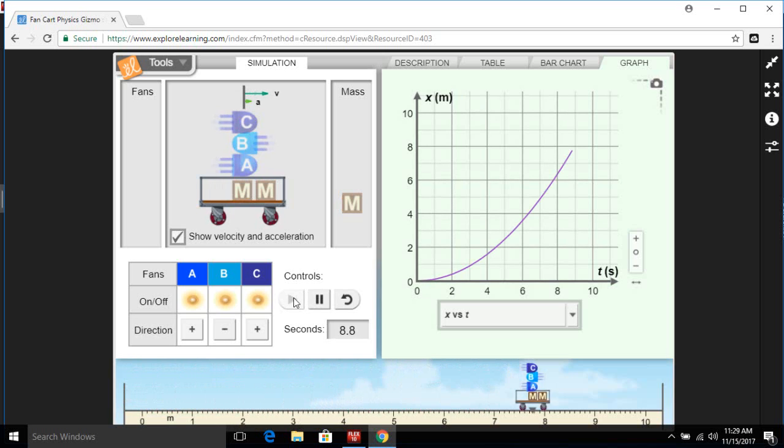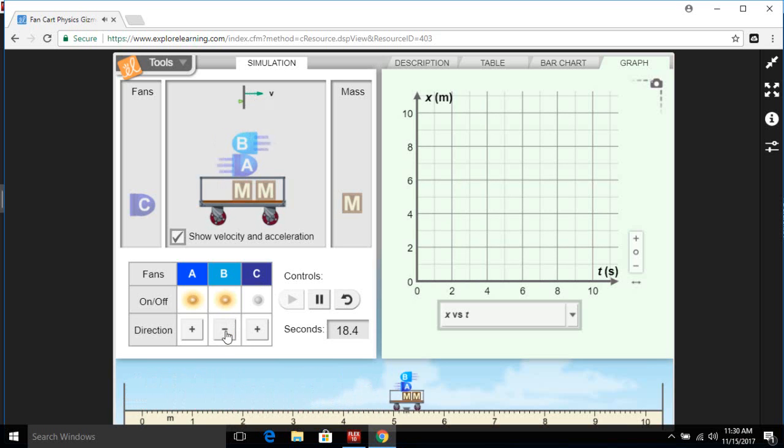But what if you make it equal? If you made it equal, would it be at rest? Like 2 fans going this way? It wouldn't do anything. Balanced forces. It doesn't matter. Balanced forces. Look, watch.